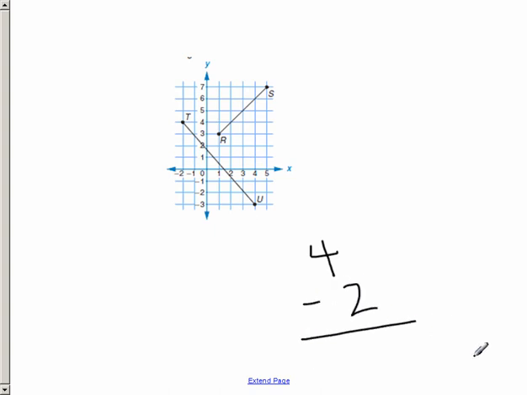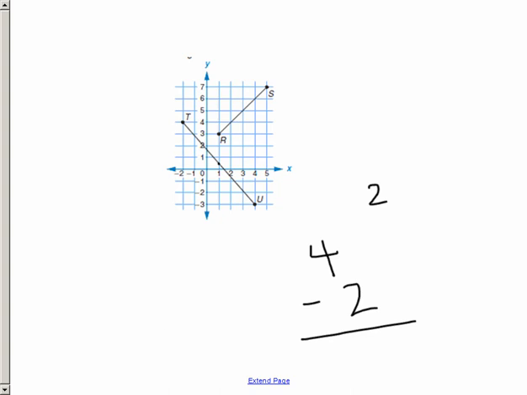I can find the mean of these two numbers. Positive 4 plus a negative 2 would give me 2. And because I have two endpoints, 2 divided by 2 is 1. So my midpoint is going to be at 1 right there. So that's also part of the assignment that you will be asked to complete in your math journal.